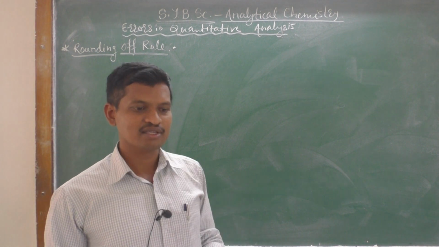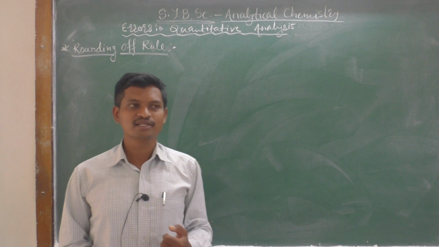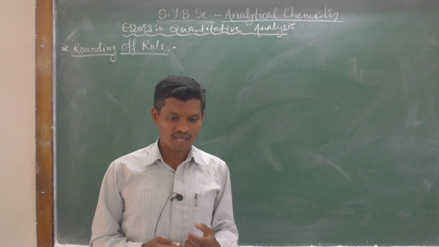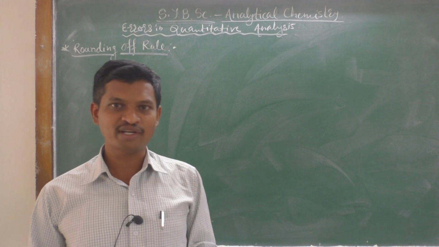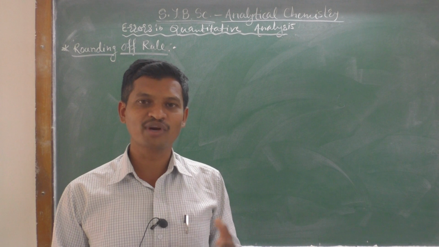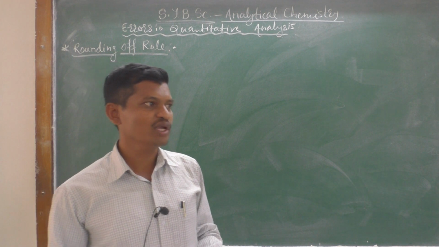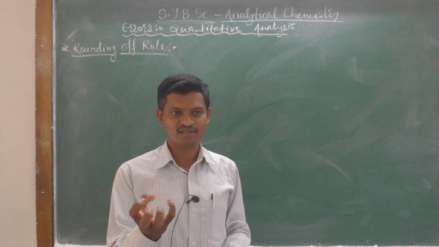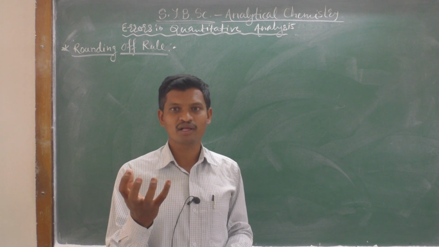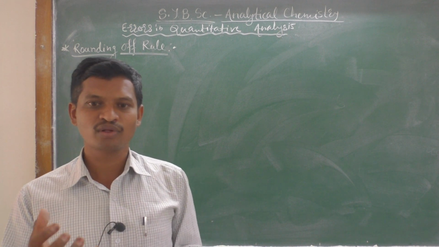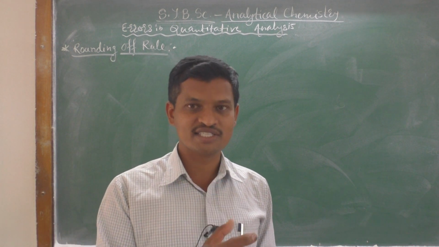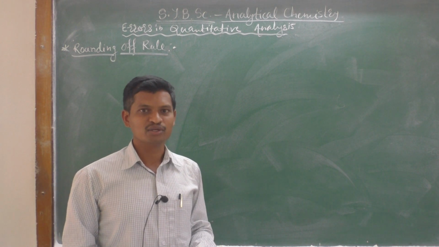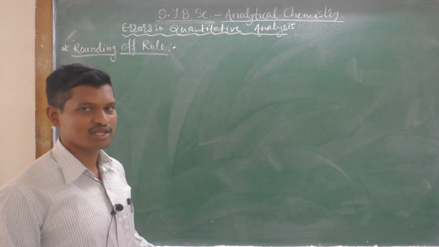When we get results and your value has more decimal points, we can reduce the number of digits in your result or answer by using this rounding off rule.